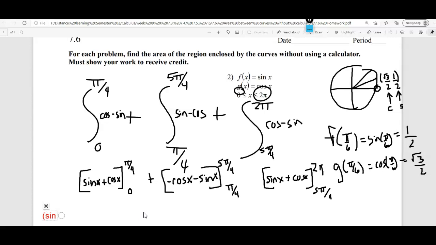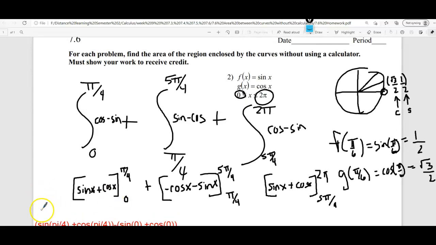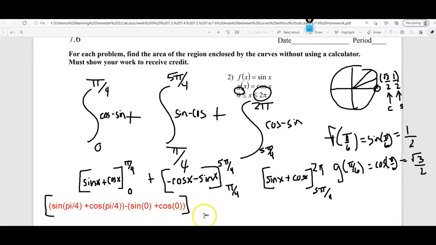So we're going to have sine of pi over 4 plus cosine of pi over 4 minus sine of 0 plus cosine of 0. So that's my entire first integral there. There's my first one.